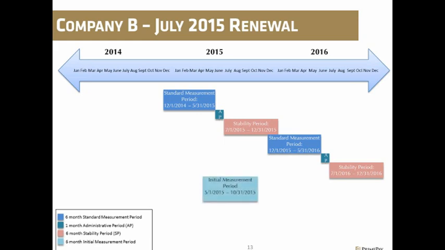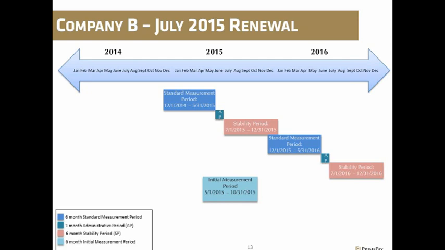But again, let's throw in a new hire. So let's say we have somebody newly hired as of May 1st, 2015. Now you have a renewal that is July 1st. This particular employee, we would assume, based on the facts and circumstances of their hiring and job duties, would be expected to work fewer than 30 hours a week.